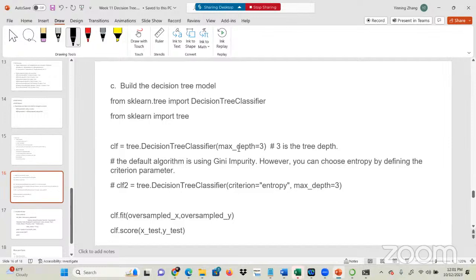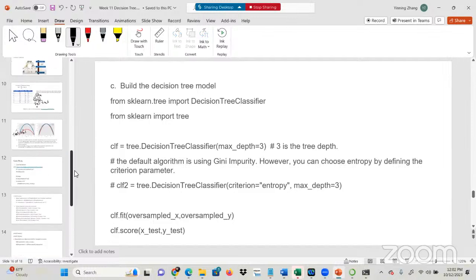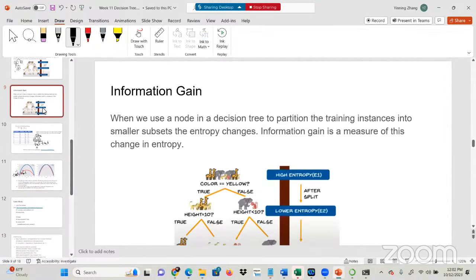And the max depth: sometimes your data is huge and you have lots of features, then it cannot come to the perfect status, like the picture we have here, where every class is classified, right?